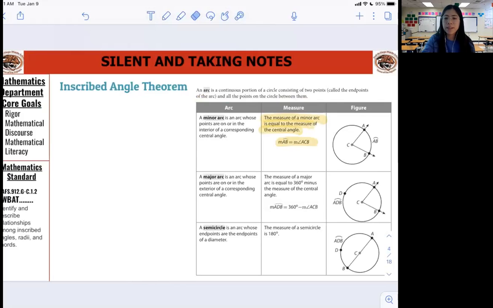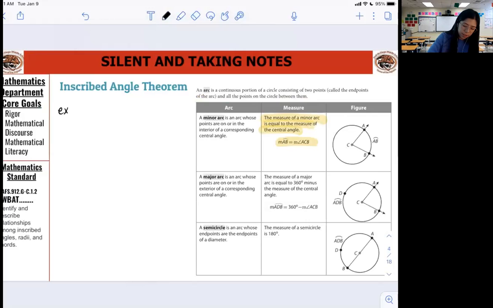Let's respect that. Who else can read? Okay, I'll read. The measure of a minor arc is equal to the measure of the central angle.